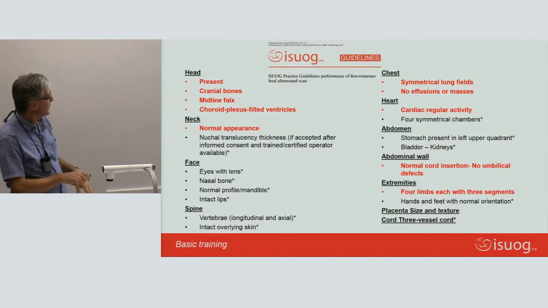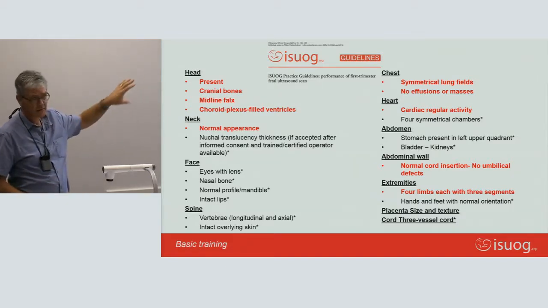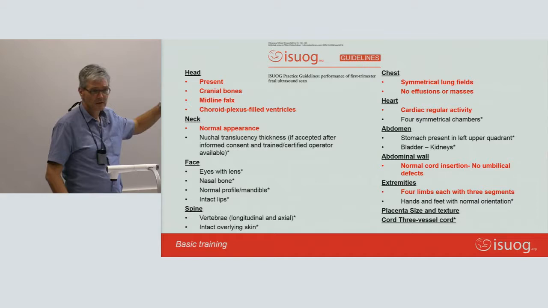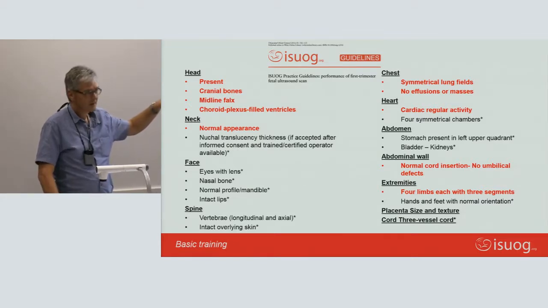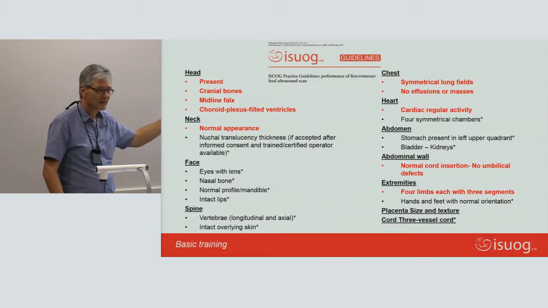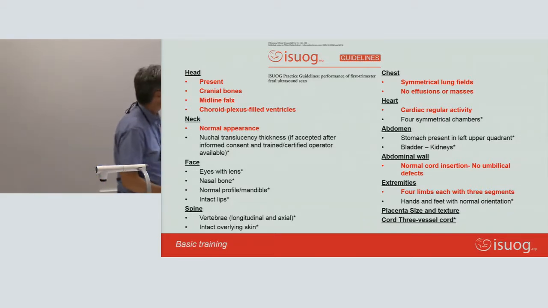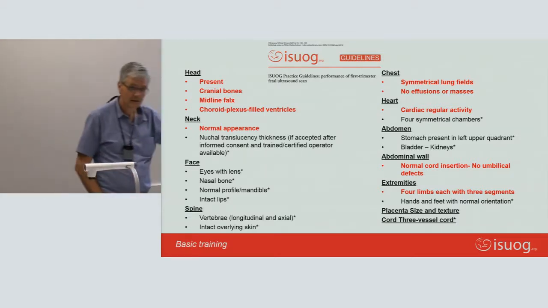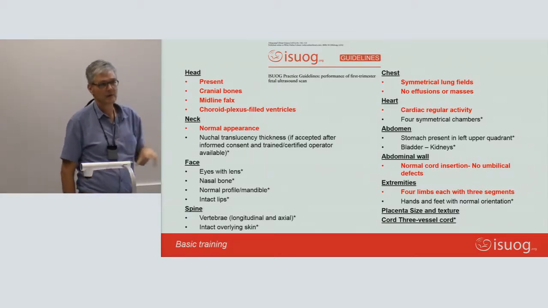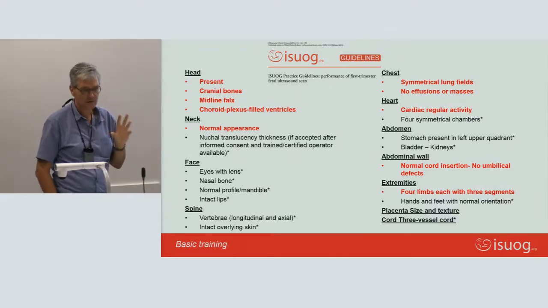We can go into all the rest of it, but I'm not even going to talk about it. You can probably log in afterwards and get the slides. But that's really what's essential in any fetus that passes underneath your hands between 10 and 14 weeks that you want to know.